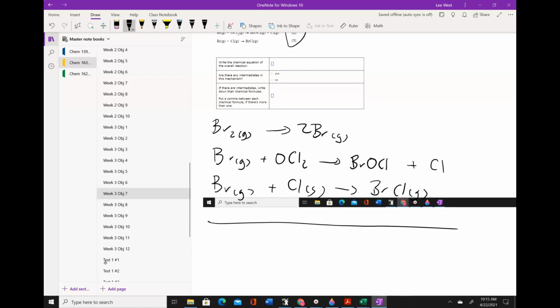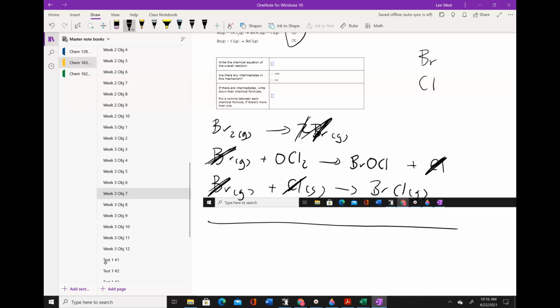So I think I found some. First of all, one of these Br is going to cancel out. That's made in the first step, and then the second Br is also going to cancel out there. So there looks like we've got one intermediate, Br, there, and then the other thing, this atomic chlorine here, is also going to cancel out.